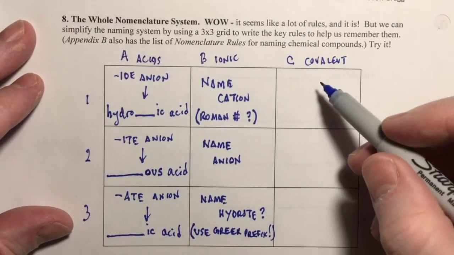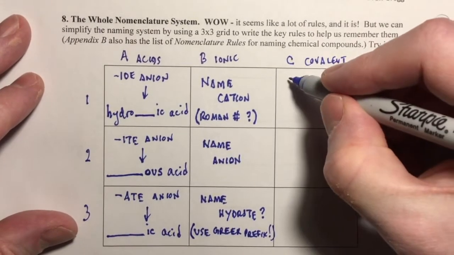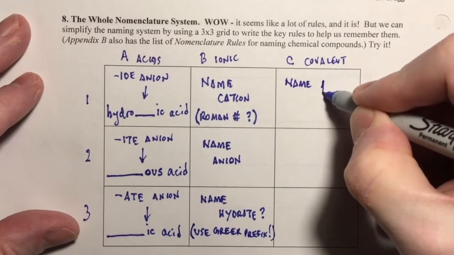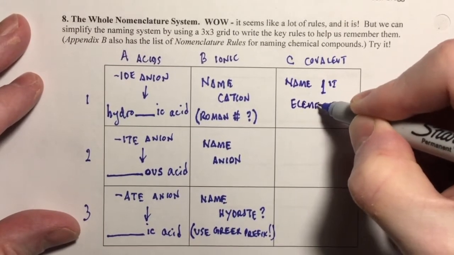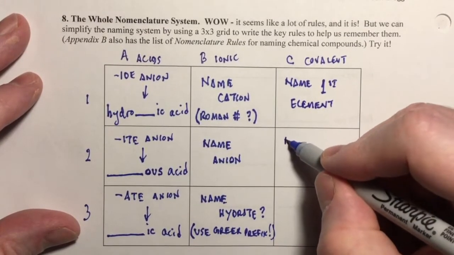For the next category of compounds, covalent compounds, the first rule is that we name the first element. The second rule is that we name the second element.